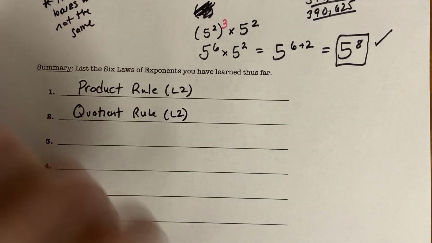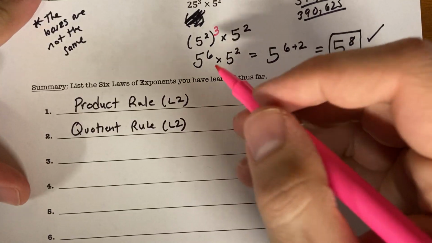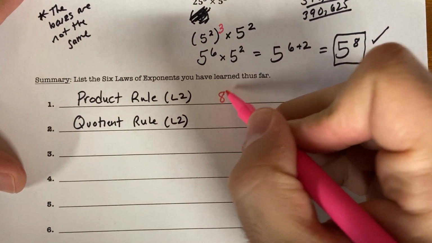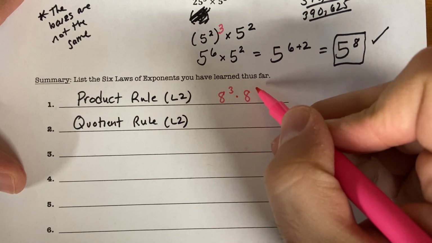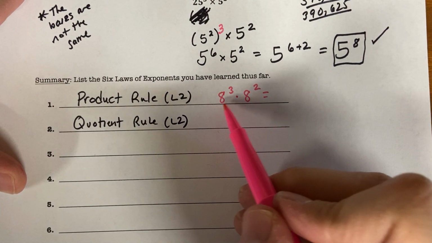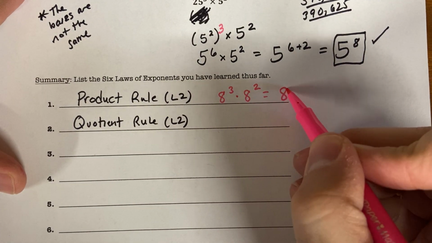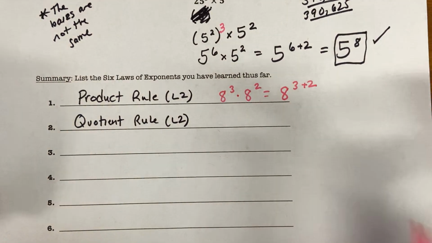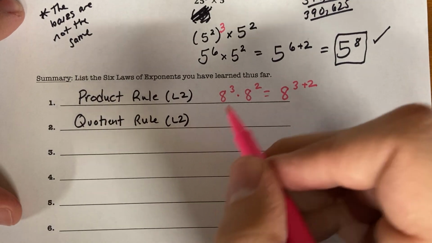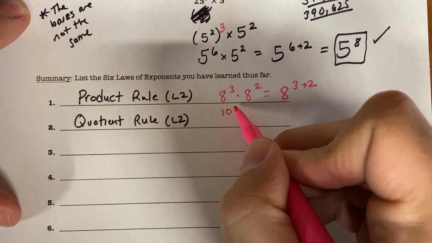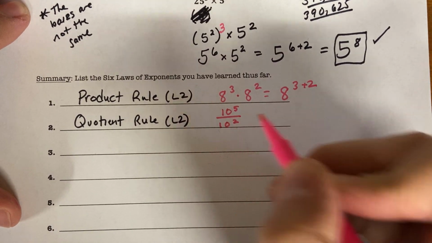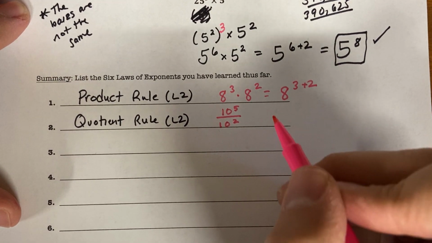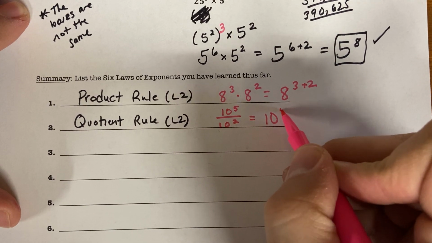So let me give you an example of both. The product rule, if I have something like 8 to the 3rd power times 8 to the 2nd power, since the bases are the same, I'm going to add the exponents. Whereas the quotient rule, if I have something like 10 to the 5th over 10 to the 2nd, since the bases are the same, I'm going to subtract the exponents.